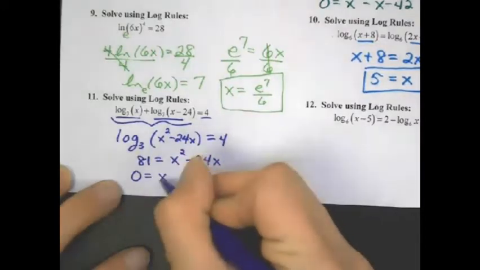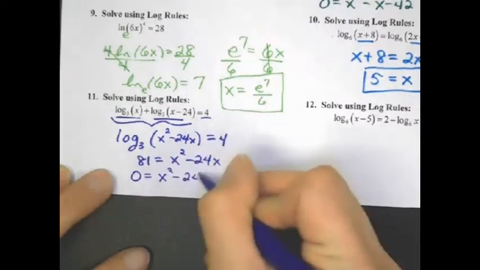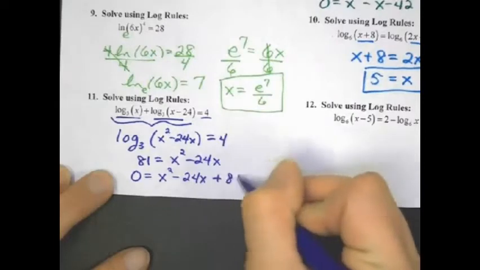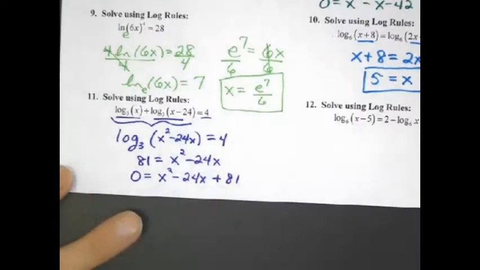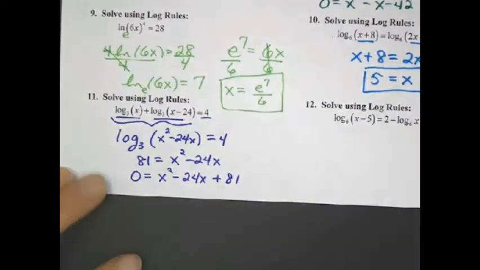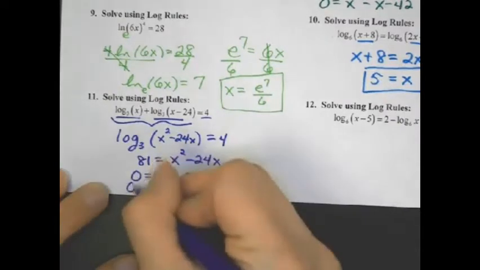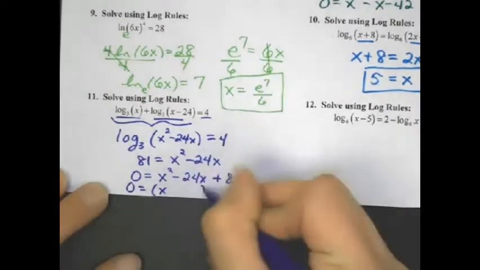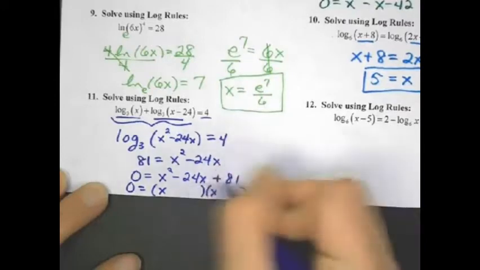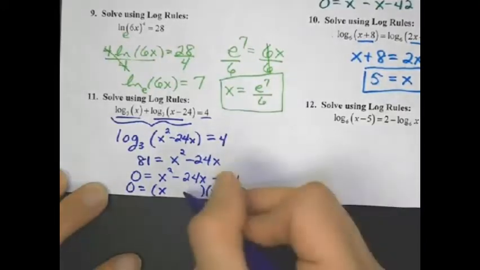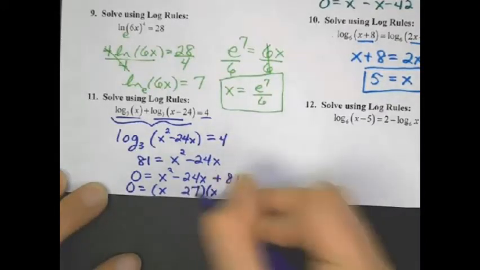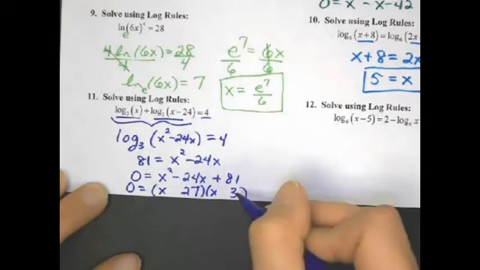0 equals x squared minus 24x plus 81. And now we're going to have 0 equals x and x. Let's see, 27 times 3.